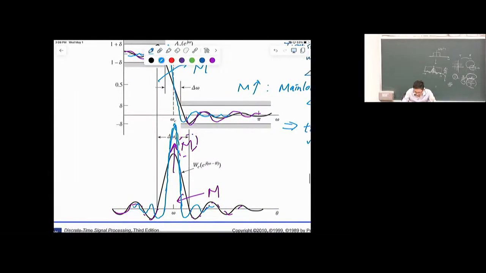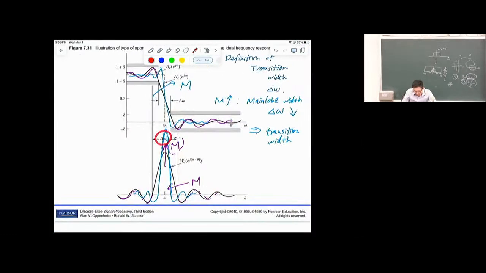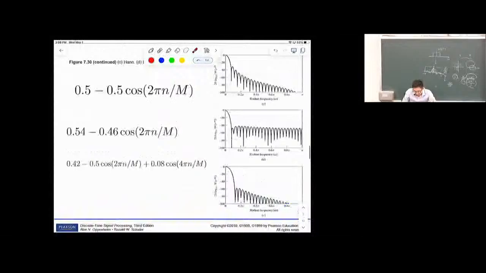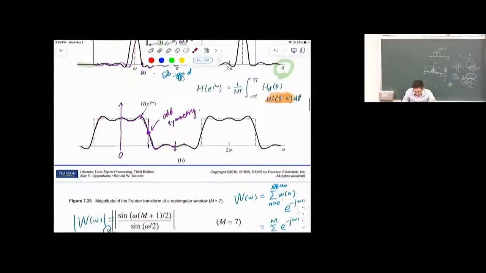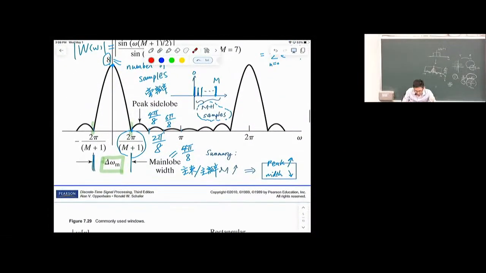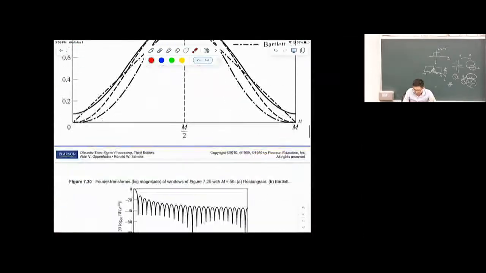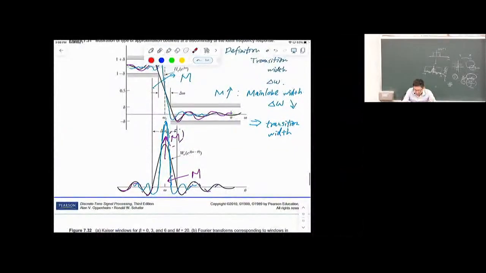It turns out that the main lobe width is denoted as something different, so let me stick to the notation right here. The main lobe width, delta omega sub m, decreases. And therefore, the transition width, denoted as delta omega, also decreases.